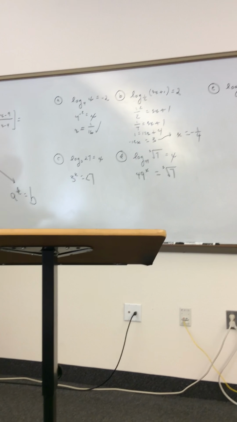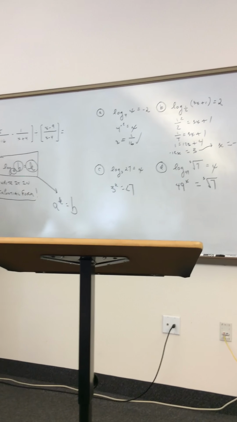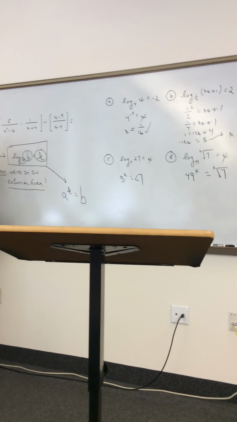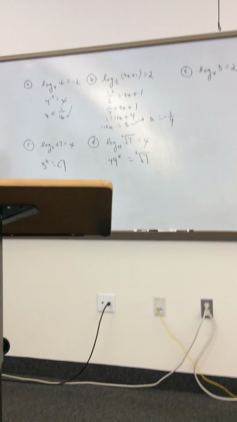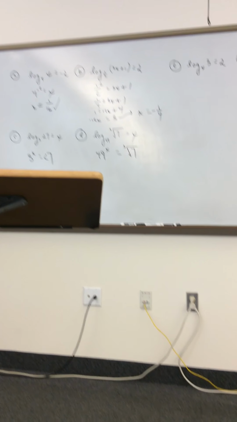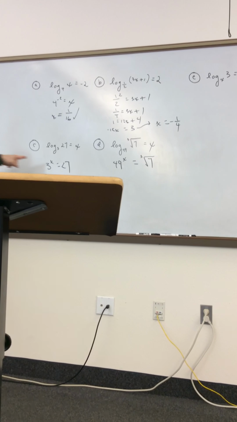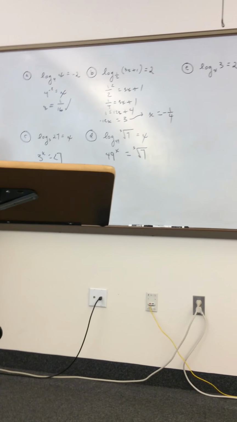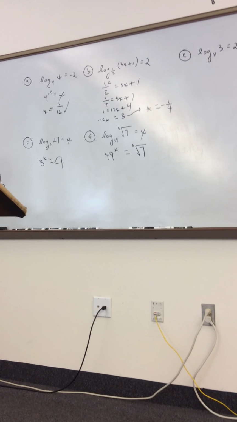Now, look where the variable is. Where is it? It's in the exponent. That's the homework I just gave you back. When the variable's in the exponent, you were just checking the answers 10 minutes ago.